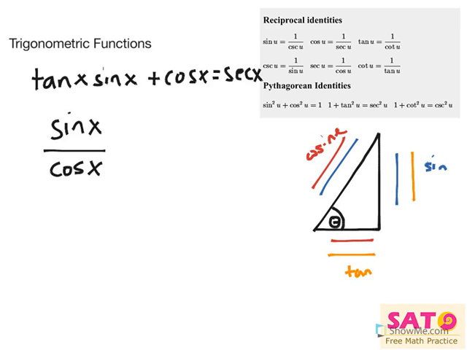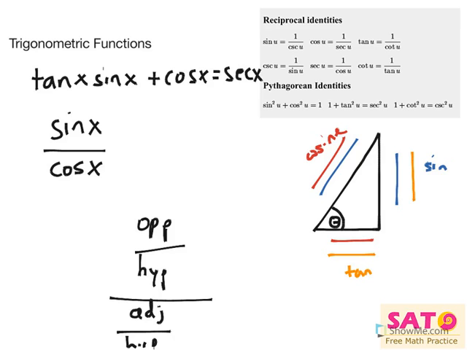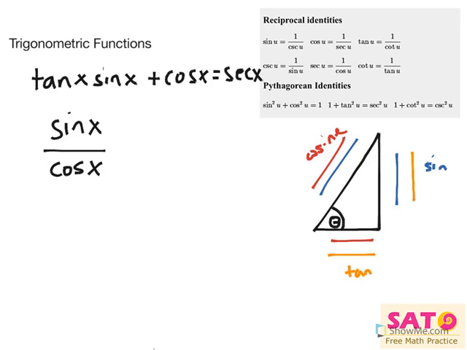Why is that? It's because if we take sine over cosine, which is opposite over hypotenuse, over cosine, which is adjacent over hypotenuse. By multiplying that, we actually get opposite over adjacent, which is tangent. And that's kind of how we know it works out at the end.